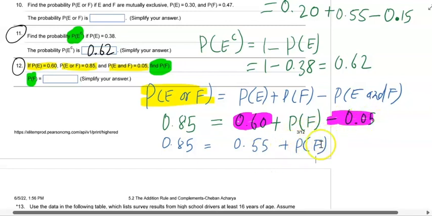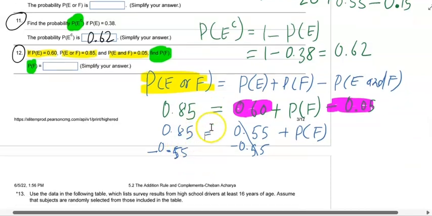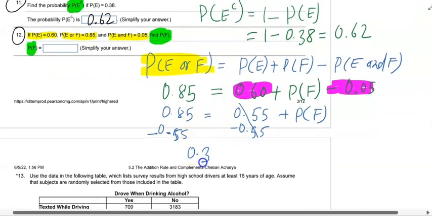Now to solve for probability of F, which is unknown, you subtract 0.55 from both sides, and this cancels, and 0.85 minus 0.55 is going to be 0.30, which equals probability of F. Therefore, in this question, probability of F is going to be 0.30.